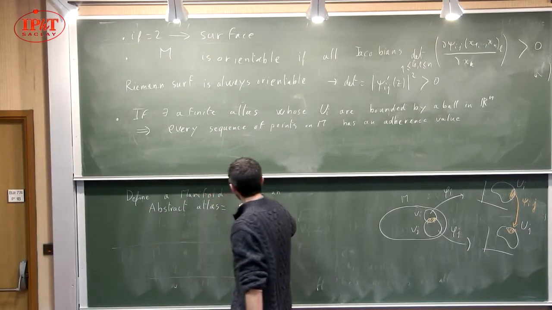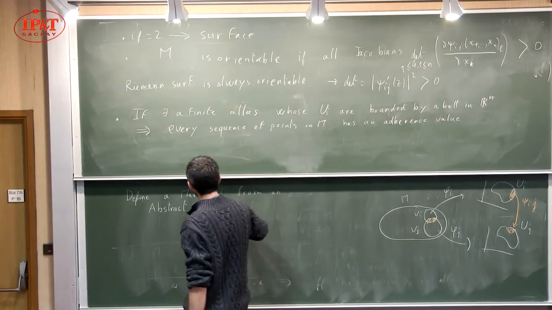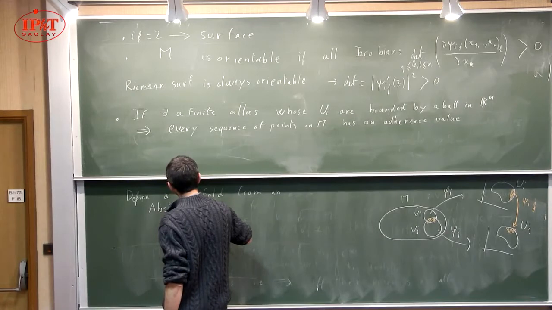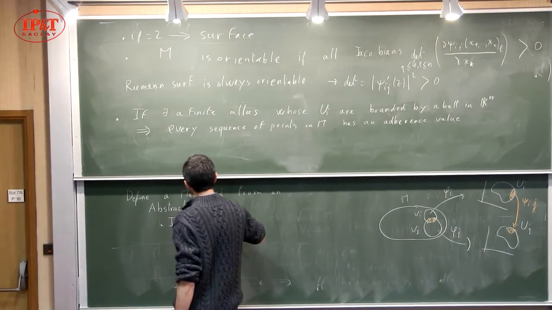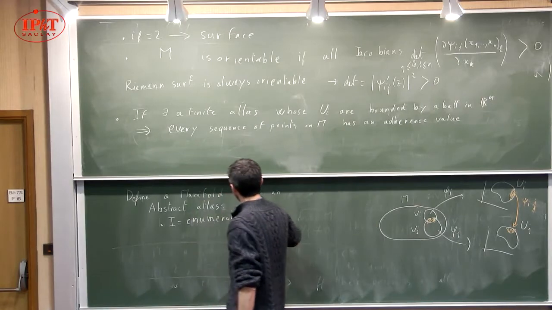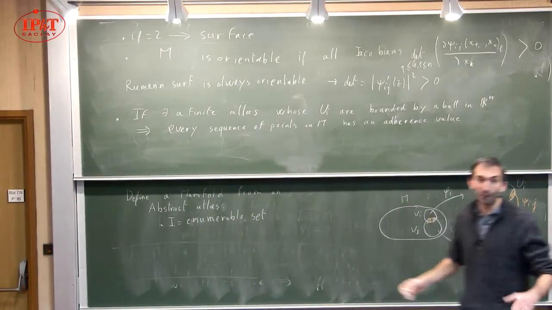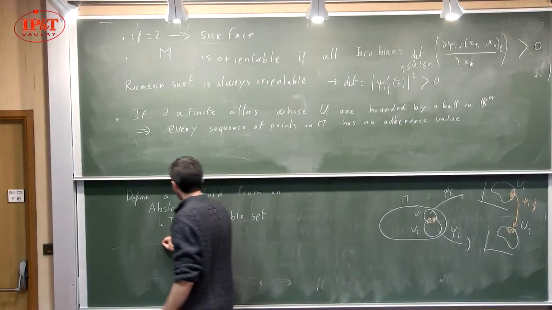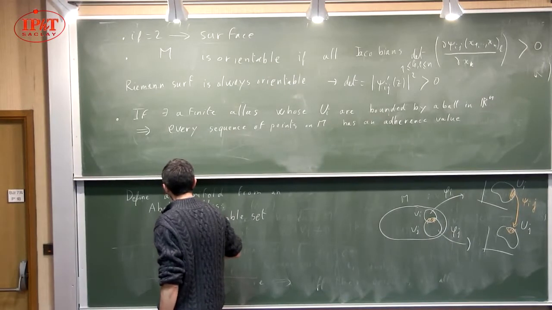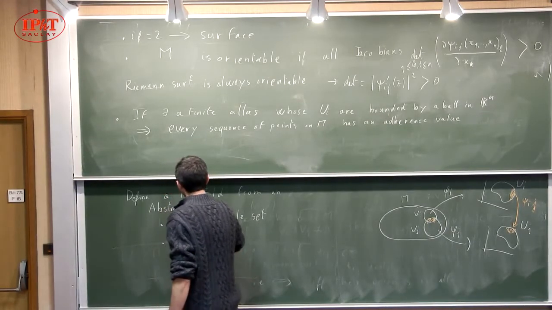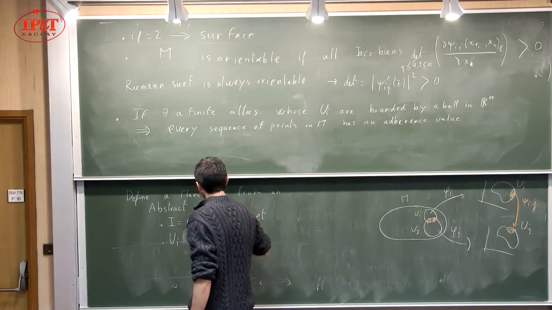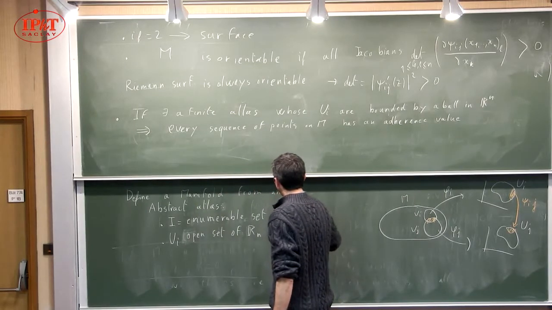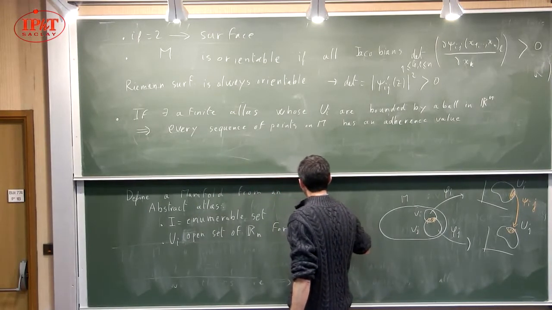So this is a collection: I is an enumerable set, the set of indices of the Ui's, and Ui is an open set of Rn for all i.